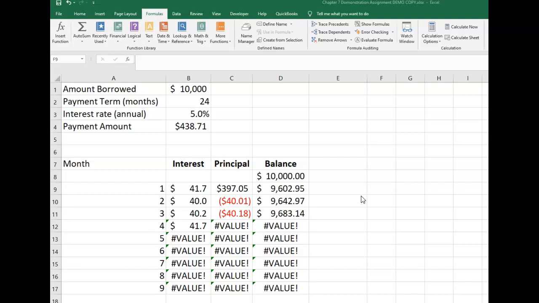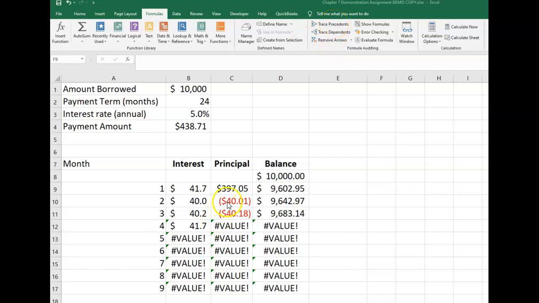But let's see if we can shortcut that and find some problems in this worksheet by using some formula auditing tools. So on the Formulas tab in the ribbon, look for the Formula Auditing section, and there's a number of tools available. We're going to start with Trace Precedents.